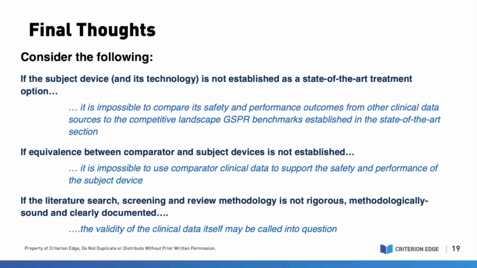If equivalence between competitor and subject devices is not established, it is impossible to use comparator clinical data to support the safety and performance of the subject device. And finally, if the literature search, screening, and review methodology is not rigorous, methodologically sound, and clearly documented, the validity of the clinical data itself may be called into question.